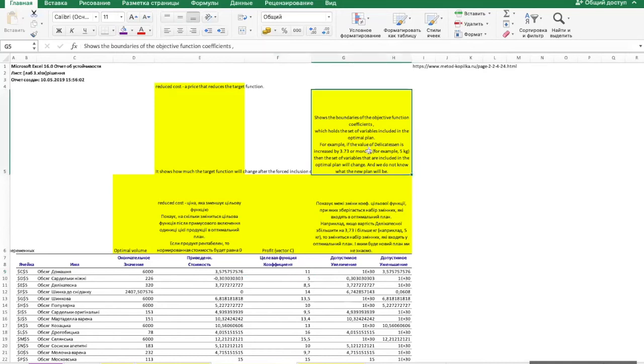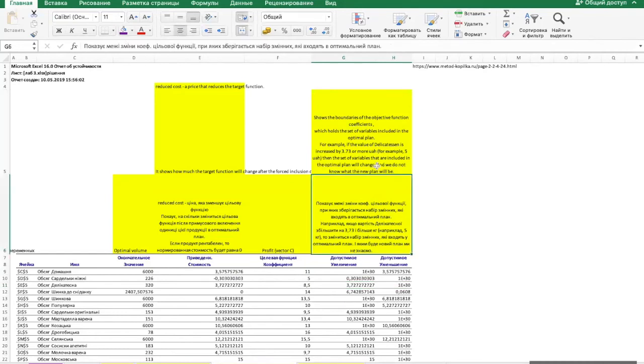So, for example, the value for delicatessen is 8.5, it is our profit according to our data set, and we can see the limits within which there is no change in our objective function.